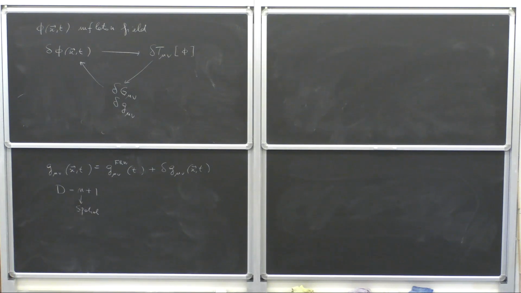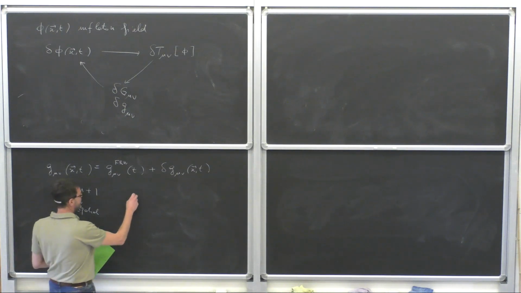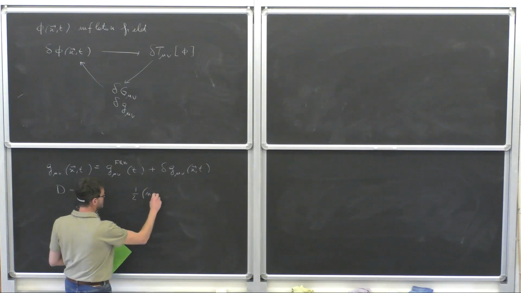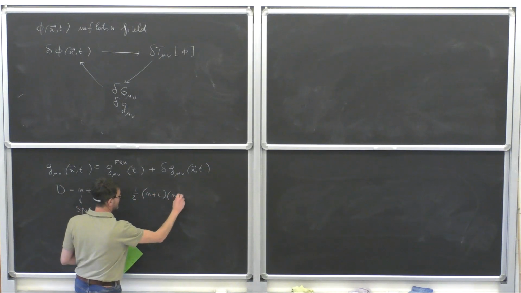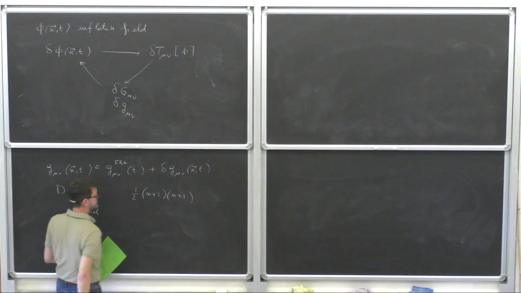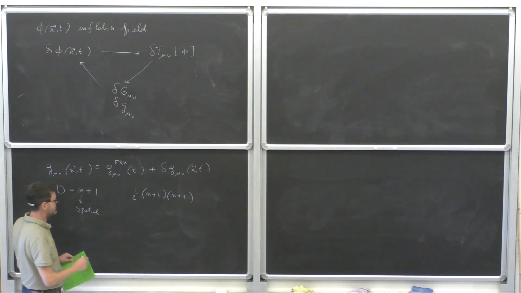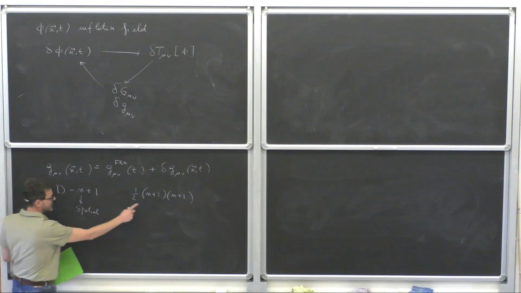All right, so now, as you know, the metric is symmetric. So how many degrees of freedom do I have? I will have 1/2 (n plus 2) times (n plus 1). Because remember, if you have a symmetric matrix of x cross x, you have x times (x plus 1) divided by 2, but this x is n plus 1, so you add a 1 here.